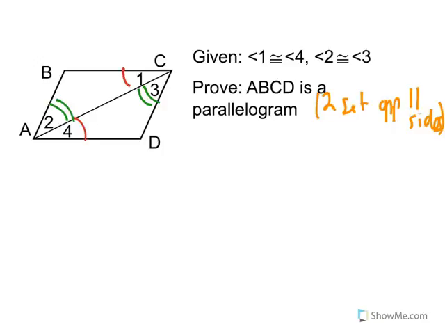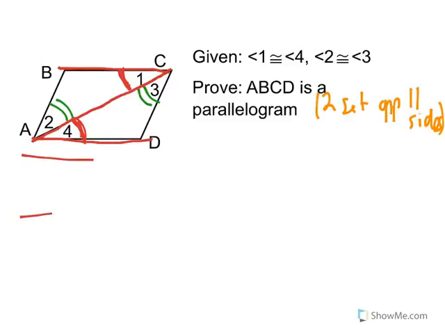To be able to show that I have parallel sides, I'm going to use the angles that are given to me. So if I want to use angle 1 and angle 4, the sides that make up those angles are BC and AD, and then the transversal would be AC.